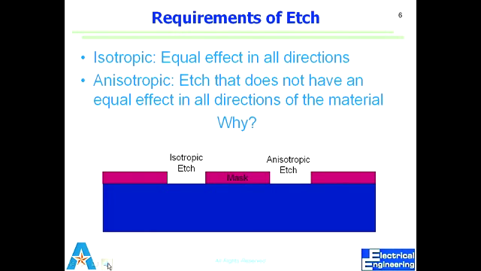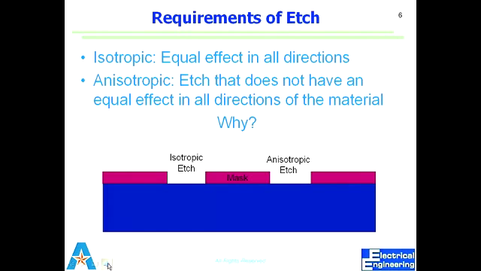And an anisotropic etch is an etch that has selectivity not just within the material, but selectivity in terms of direction as well. So it's what we can call chemical affinity in certain directions, or the etch rate is different in certain directions, so it can be defined in many ways.